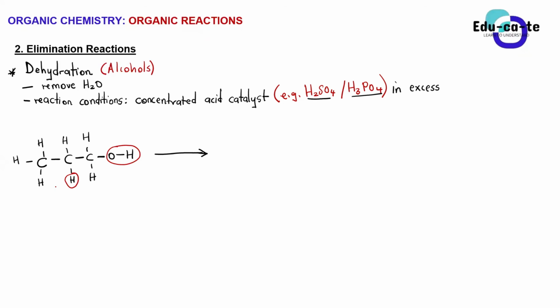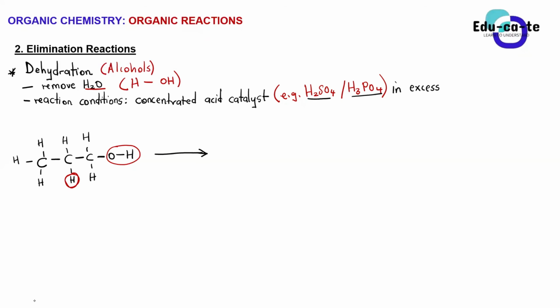That is what it means to dehydrate, to remove H2O. Because remember, guys, H2O is made up of hydrogen bonded to OH. So if I'm doing dehydration, I'm removing a hydrogen as well as an OH.